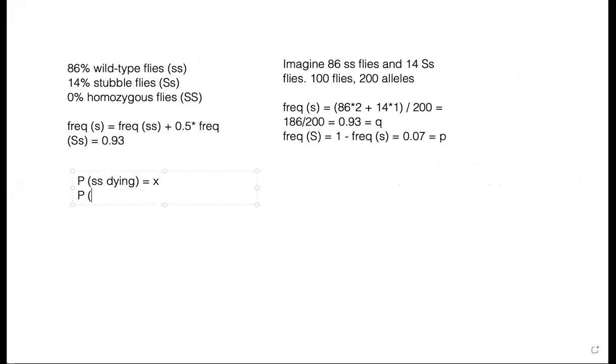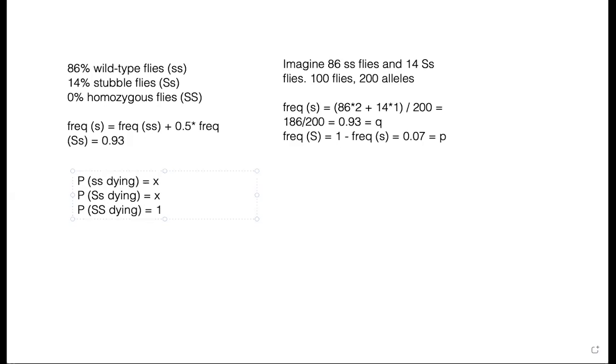The probability of a big S little s stubble fly dying before it gets to reproduce is the same number, because we're assuming there's no difference in survival or reproductive ability between the stubble flies and the wild type flies.